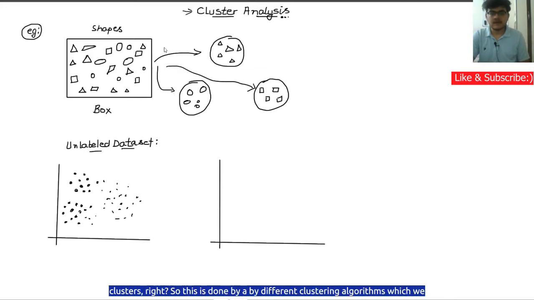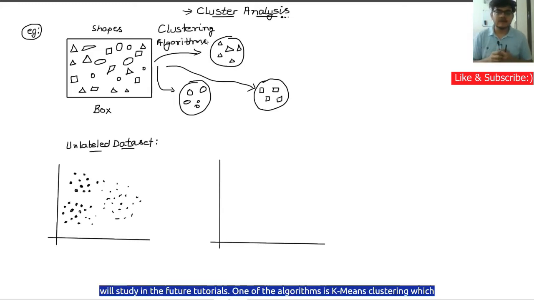This is done by different clustering algorithms, which we will study in the future tutorials. One of the algorithms is k-means clustering, which converts the whole dataset into k clusters, k number of clusters. So let's suppose I have an unlabeled dataset like this.